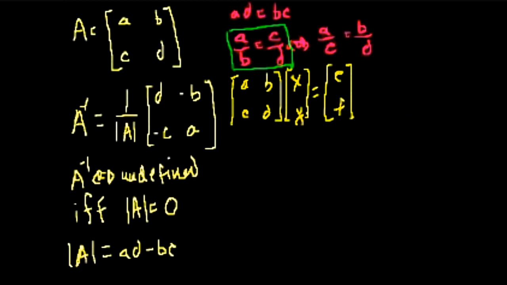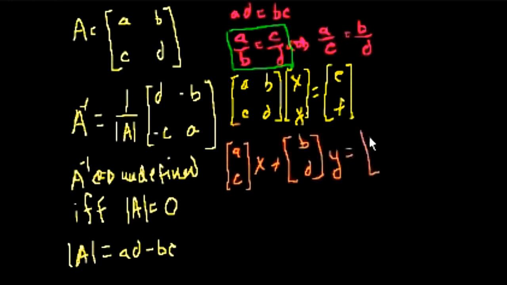When we think of this problem in terms of linear combination of vectors, this is the same thing as the vector AC times x plus the vector BD times y is equal to the vector EF. So we're saying, is there some combination of the vector AC and the vector BD that equals the vector EF?